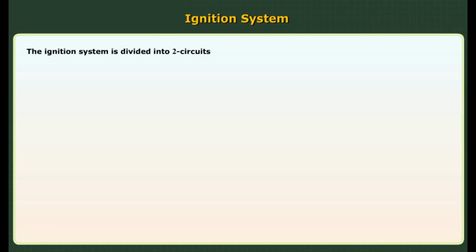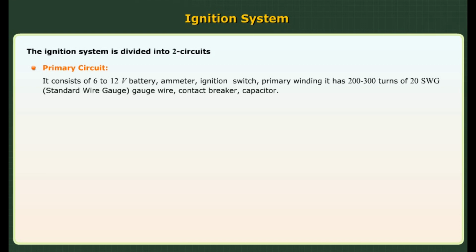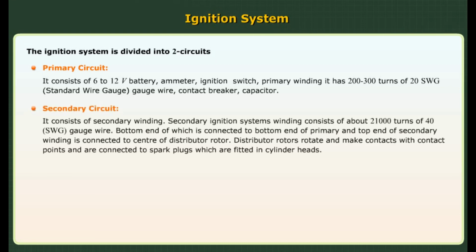The ignition system is divided into two circuits. Primary circuit. It consists of a 6 to 12 volt battery, ammeter, ignition switch, primary winding, which has 200 to 300 turns of 20 SWG (standard wire gauge) wire, contact breaker, and capacitor. Secondary circuit.